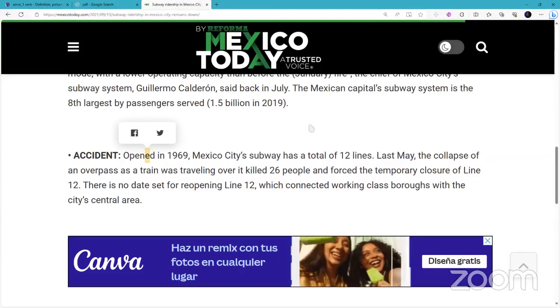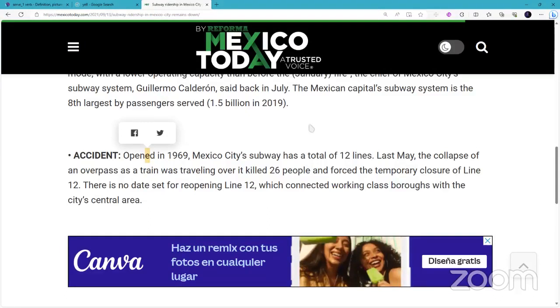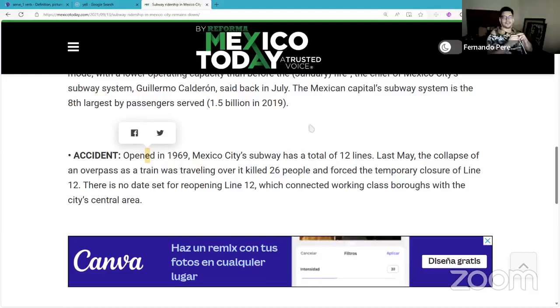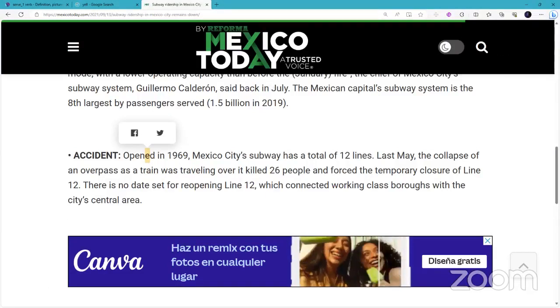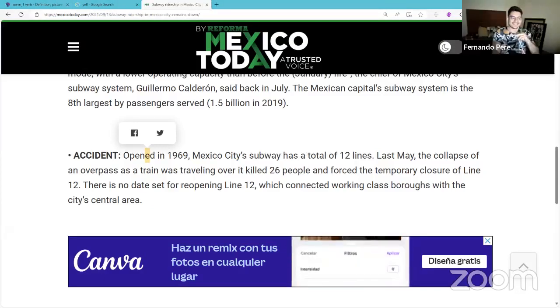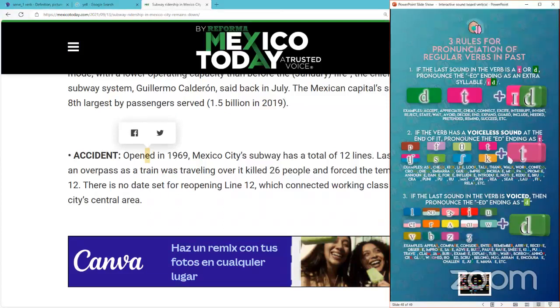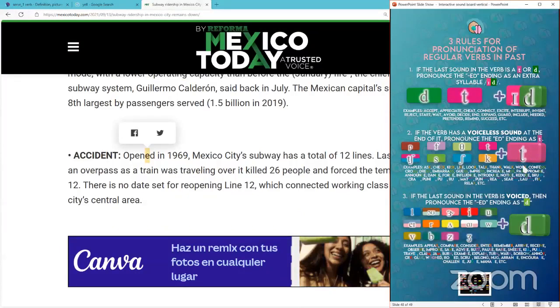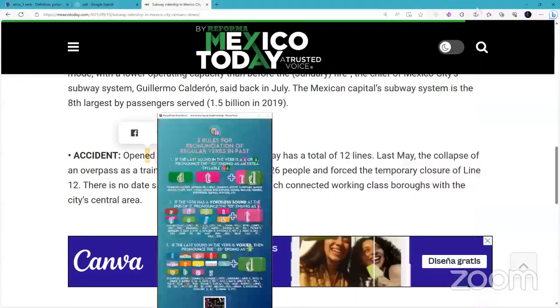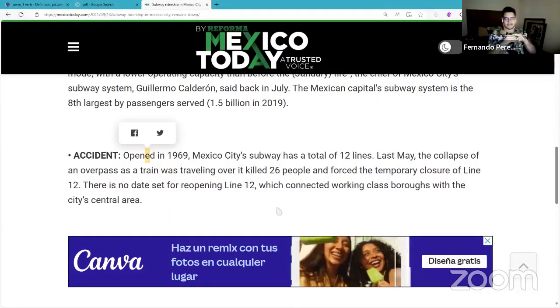Over it killed 26 people and four said. What is the past of force? Excellent. Just a second. When the last sound is an S, like force, the E doesn't sound and it sounds like a T. Forced. Excellent.